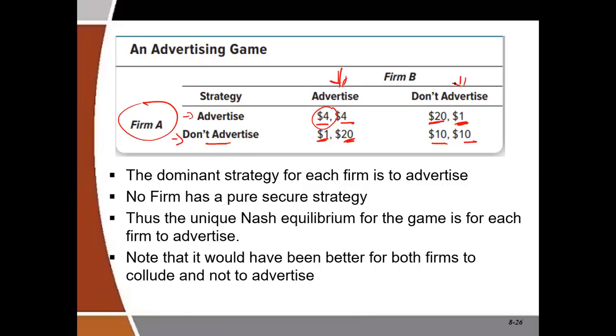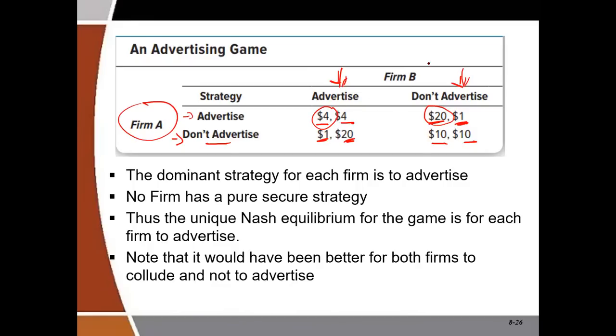Now, if firm B plays don't advertise, the best response still for firm A is to advertise because 20 million is better than 10 million, okay? So no matter what firm B plays, firm A is better off advertising. That means that the dominant strategy for firm A is to advertise.